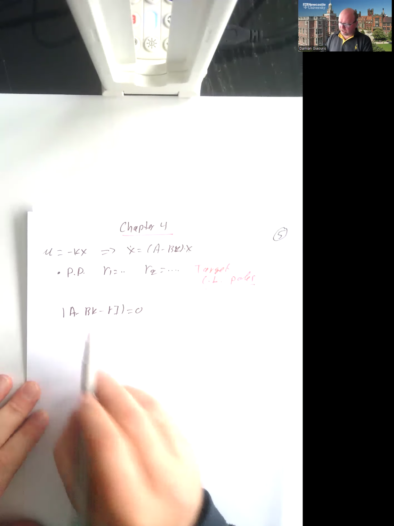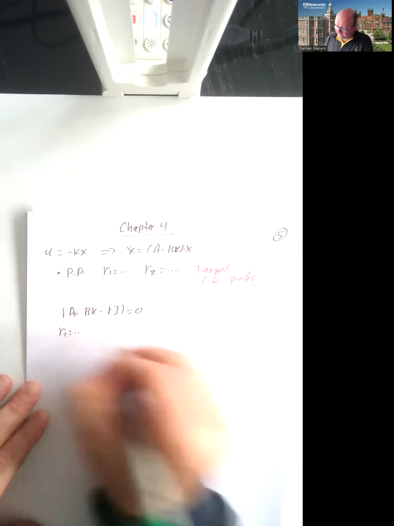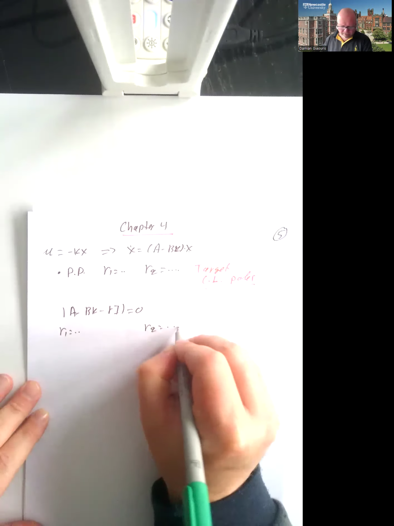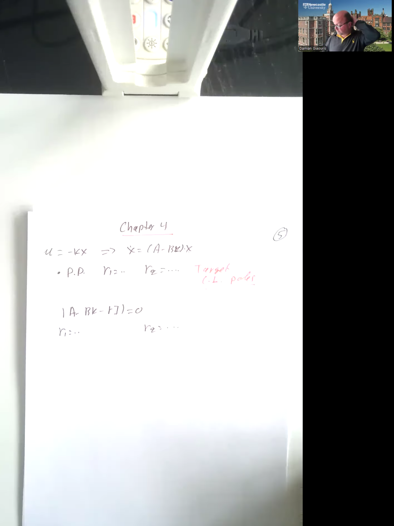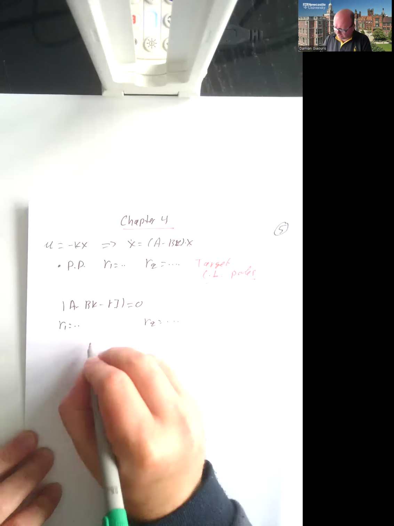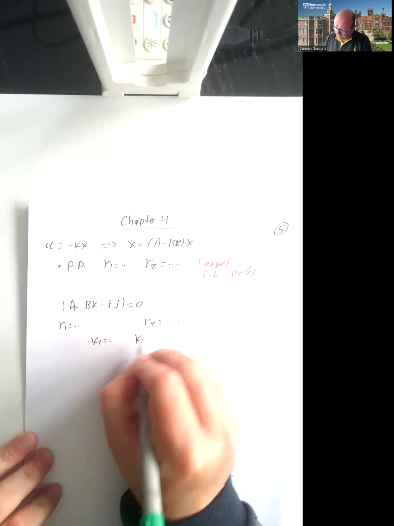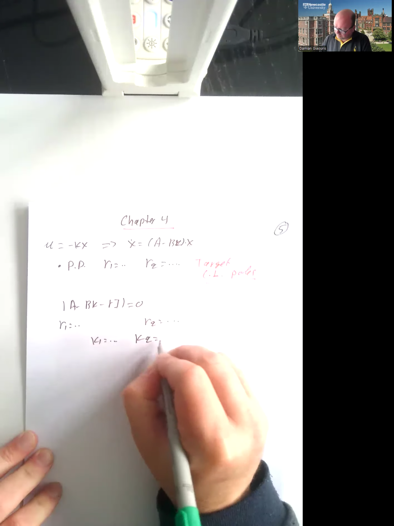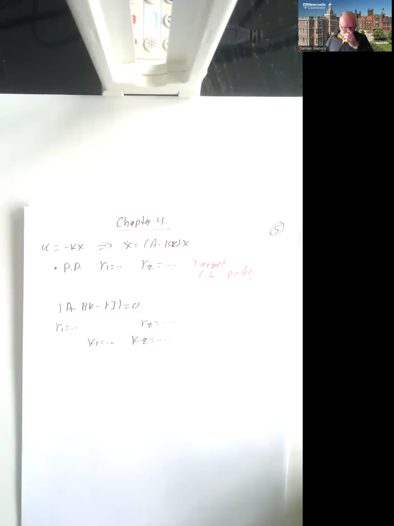You have K and R here. You're going to give the desired values for R1, R2. For example, if you have a 2 by 2 system, then from here you can find K1 and K2.